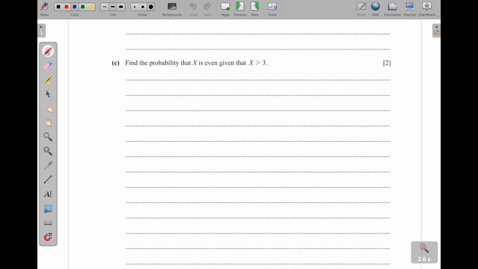Part C, find the probability that X is even given that X is greater than 3. Now here we are having conditional probability. So we have probability of X being even given that it is greater than 3. That means we shall have probability of X being even intersection X greater than 3, then out of the sample space we are picking from, when X is greater than 3.